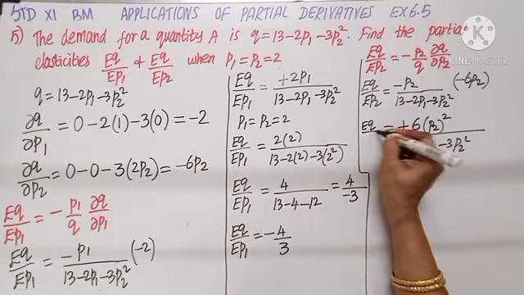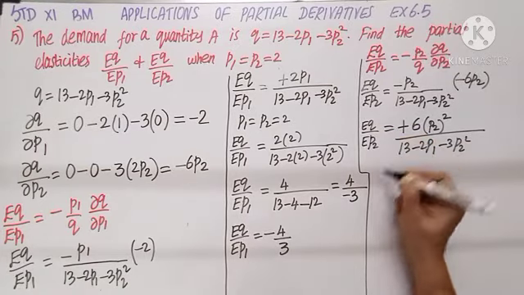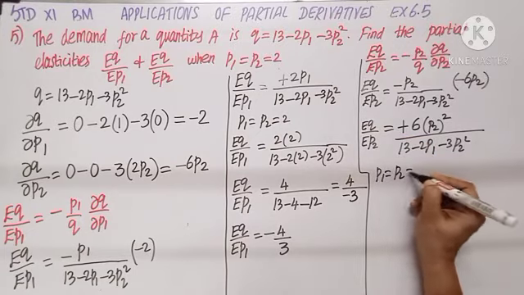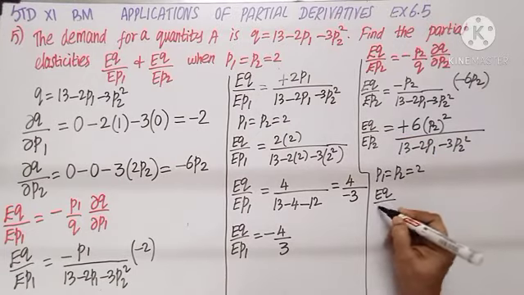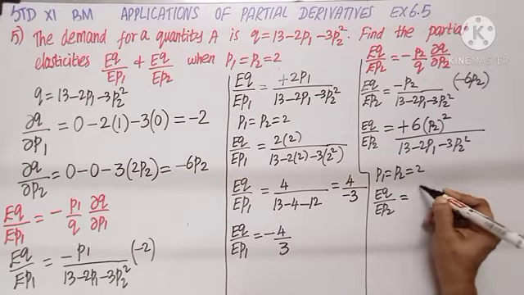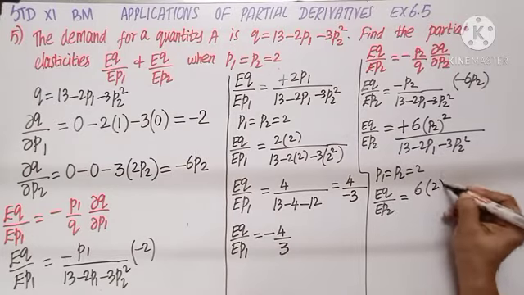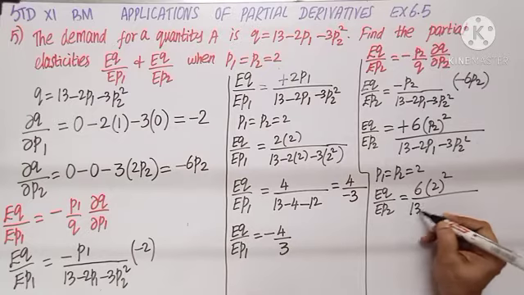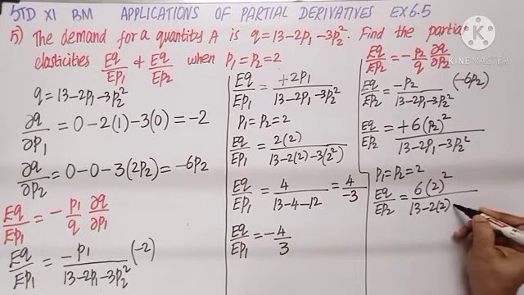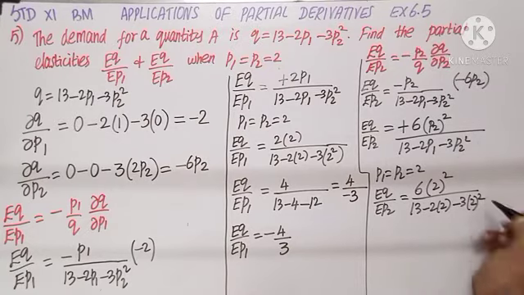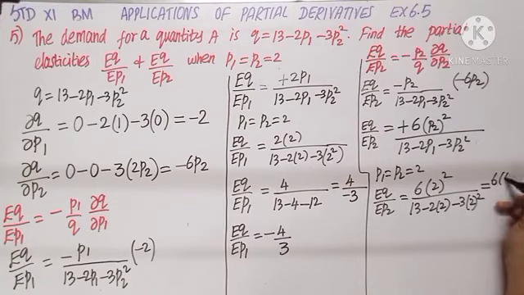As I substitute P1 equals P2 equals 2, I get EQ by EP2 equals 6 into 2 square by 13 minus 2 into 2 minus 3 into 2 square, or we get 6 into 4 divided by 13 minus 4 minus 12.